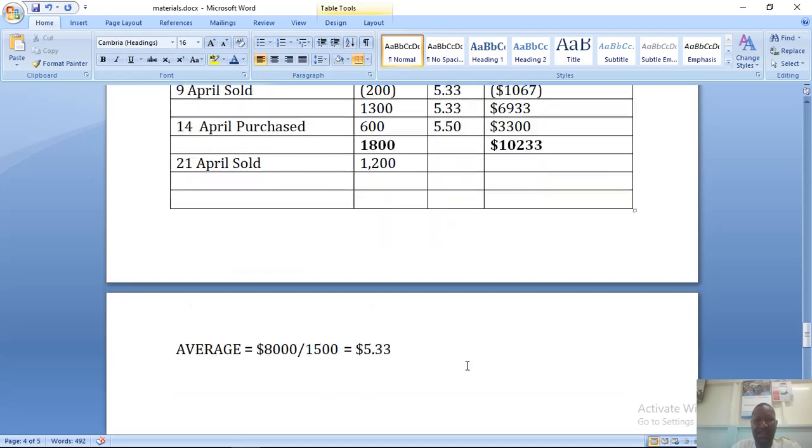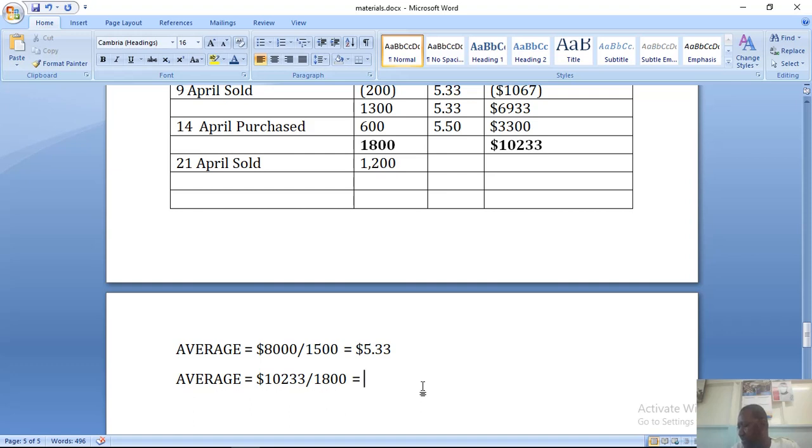So the state of affairs at this stage after the 14th is going to be 1,900 units at a total value of $10,233. Let's calculate the new average. The new average is going to be the total cost, 10,233, divided by 1,900 units, which gives us 5.386.